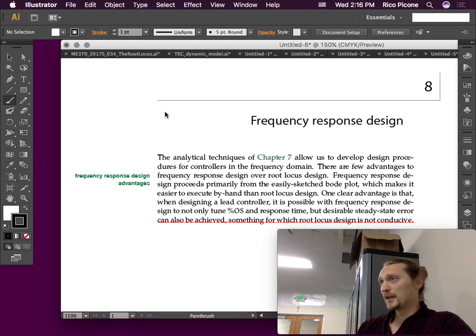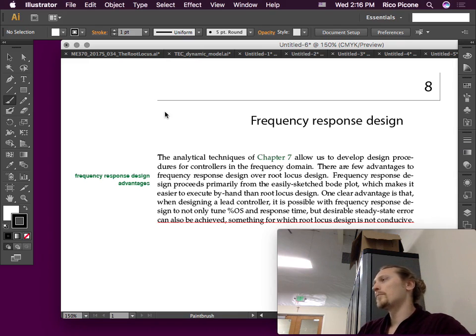So you remember in root locus design, we would arbitrarily set where the pole and zero were for the lead controller. The frequency response design gives you a more straightforward way to choose that based also on your desired steady state response or your steady state error.